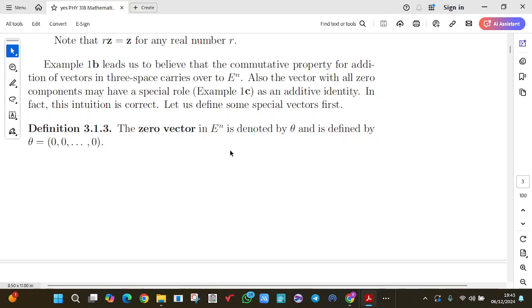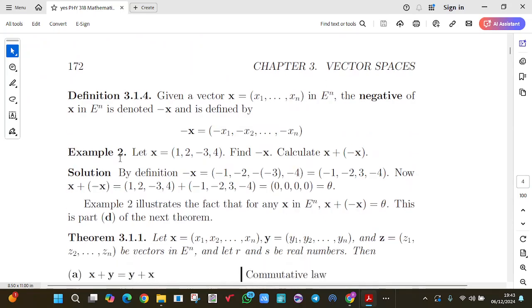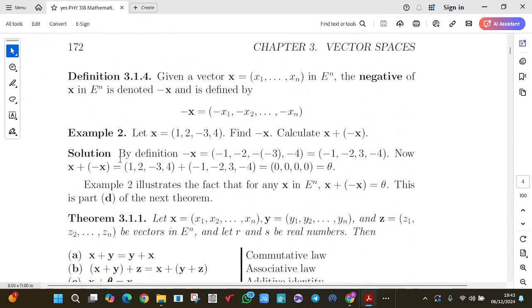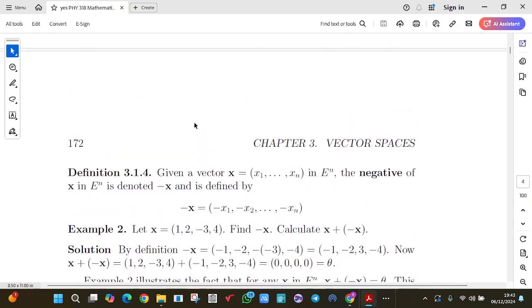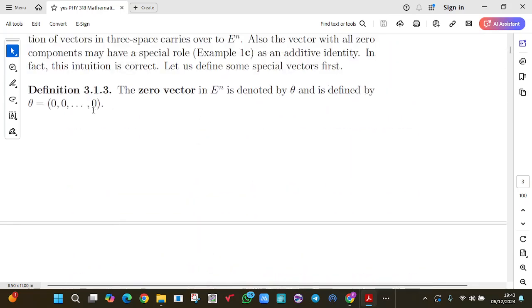It's always defined as theta. So anytime you hear the word theta, the first thing that comes to your mind is the zero vector. Is that clear? Now, this is another definition which we are going to see again. I said we always define the null vector as theta. Anything we say theta is a null vector as far as this course is concerned. Is that clear?